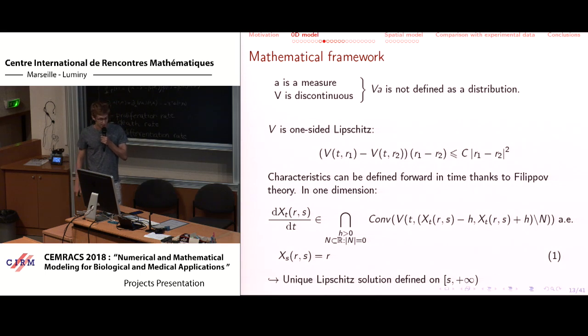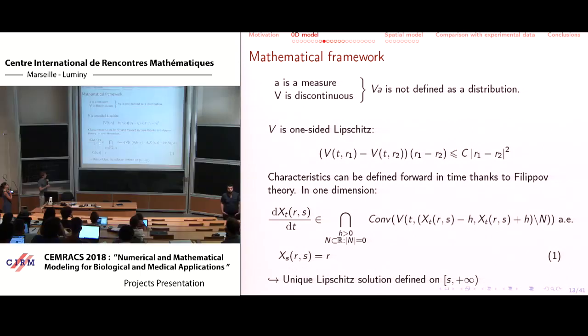And in this setting, we can define characteristics for the transport equation thanks to the Filippov theory. So in one dimension, Filippov theory is equivalent to saying that this system for the characteristics has a unique Lipschitz solution.